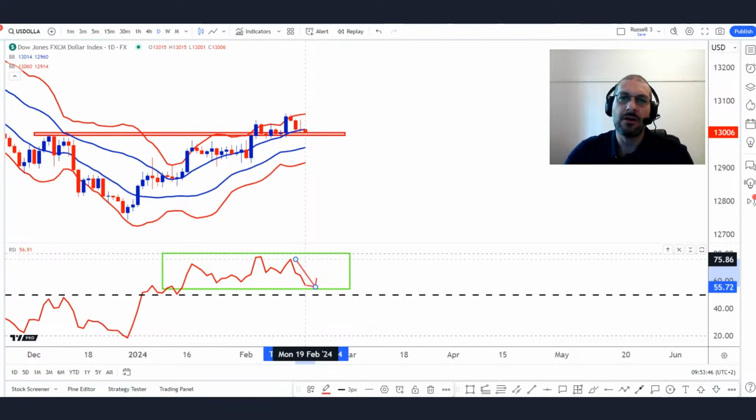The fact that RSI is above 50 is not going to preclude it from ebbing and flowing, from zigzagging. It's not going to preclude the RSI from moving up and down. As long as we're above 50, we're on the bullish side of the indicator. If we drop below 50, we've gone onto the bearish side of the indicator. Remember, what we're looking for here is effectively a dip in the uptrend.